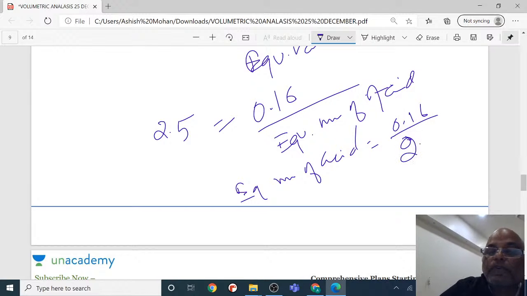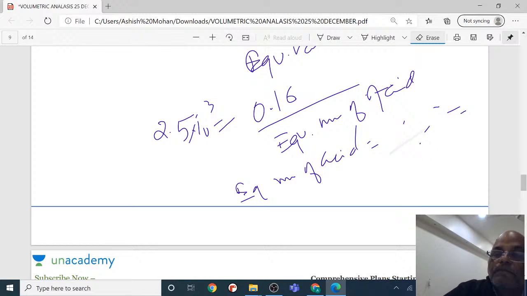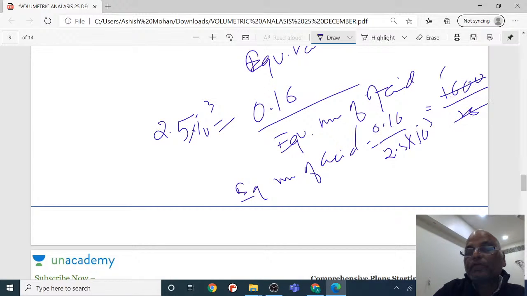So equivalent mass of acid equals 0.16 divided by 2.5 into 10 to the minus 3, that is 1600 divided by 25, which is 64. Equivalent mass is 64.